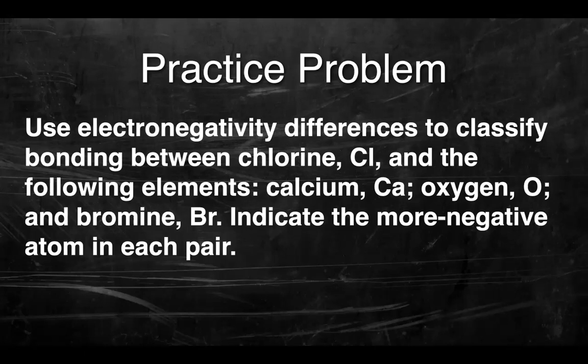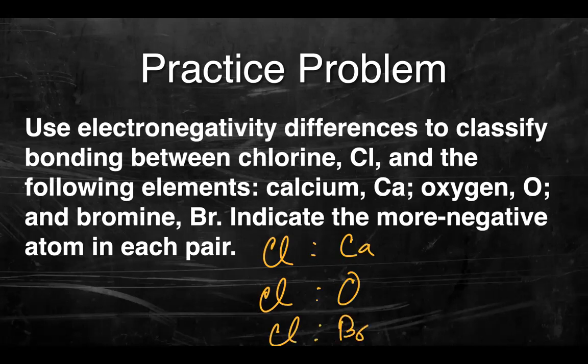So we're going to look at chlorine versus Ca, chlorine and oxygen, chlorine and bromine. You don't have to if you don't want to, but I've got it here. The value of chlorine is 3.0, and calcium is 1.0.